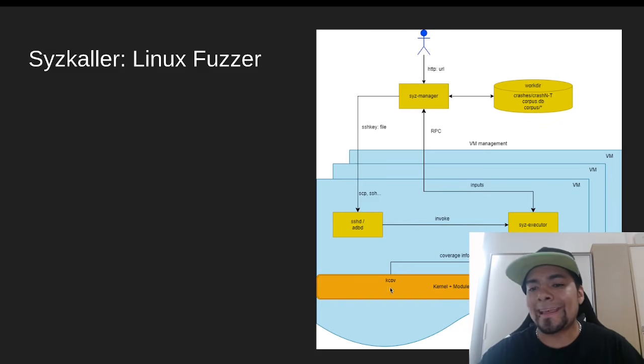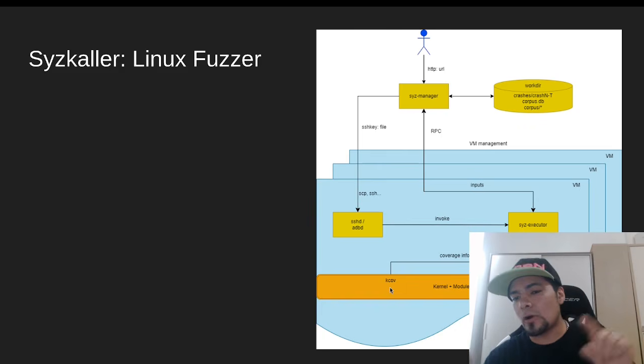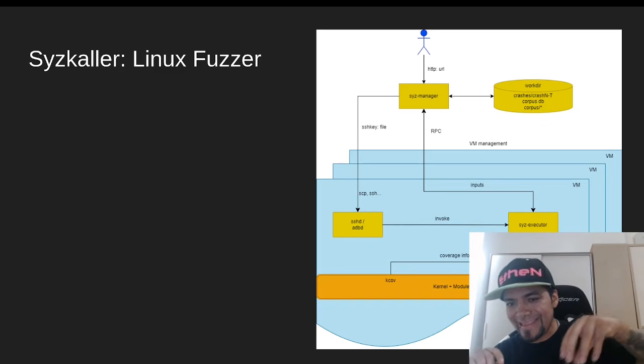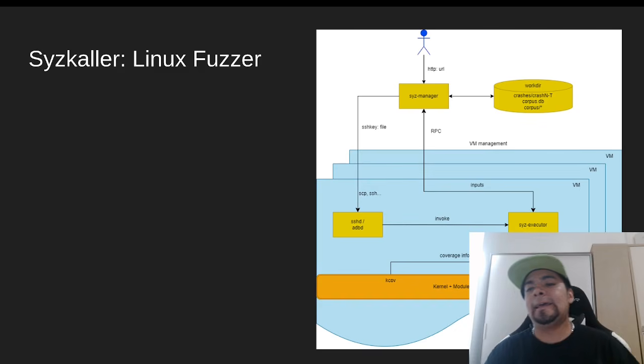So this crash happened in one part of the kernel code. This kernel code is called coverage info. So the fuzzing, in an intelligent way, recovers this kernel code and puts it into the database.